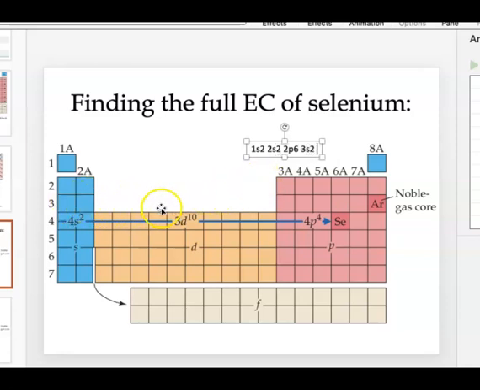I go all the way across, and I'm not there yet. Oh, the P block again, and I'm in the third row. Awesome. So 3p, how many do I have to go? 1, 2, 3, 4, 5, 6. That gets me to what's called the noble gas core, and that'll become important next week. And now I am at argon, right?